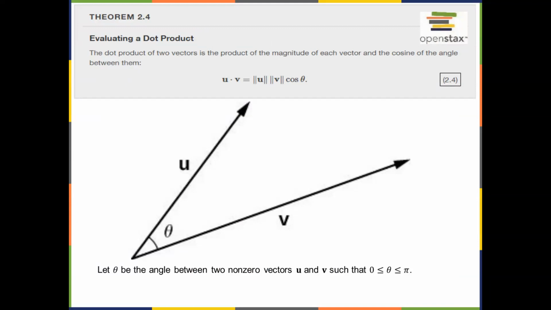So theorem 2.4, evaluating a dot product. The dot product of two vectors is the product of the magnitude of each vector and the cosine of the angle between them. Okay, so I feel like this was probably presented in trig a little bit.